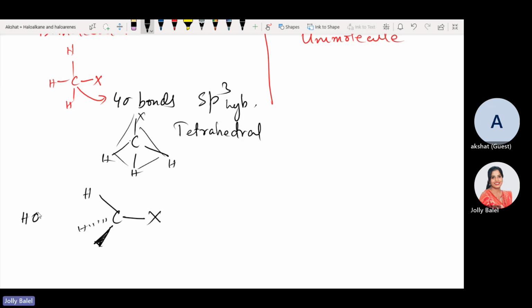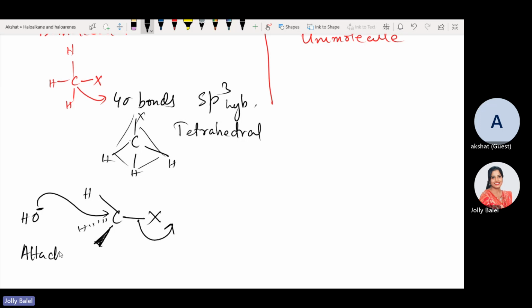If OH minus is your nucleophile, in case of SN2, the nucleophile attacks the electrophilic center and the leaving group, halogen, leaves. These two processes take place simultaneously. What are the two processes?